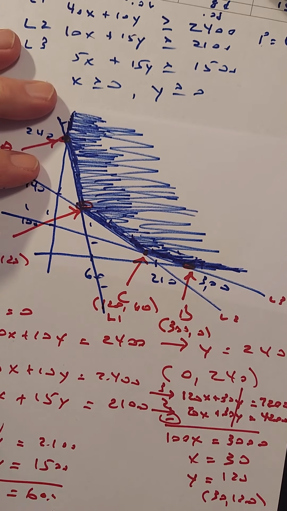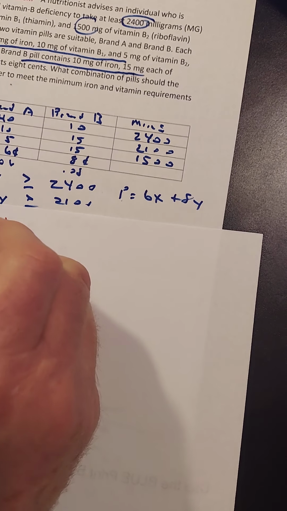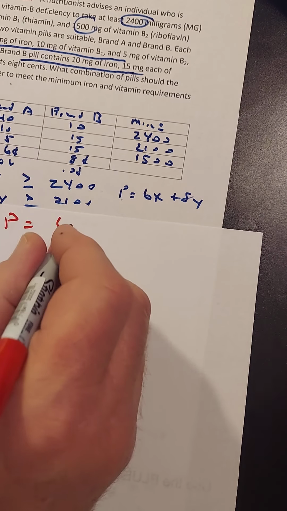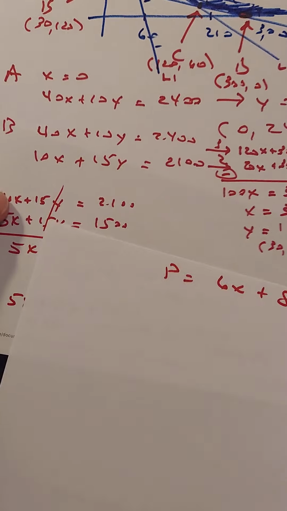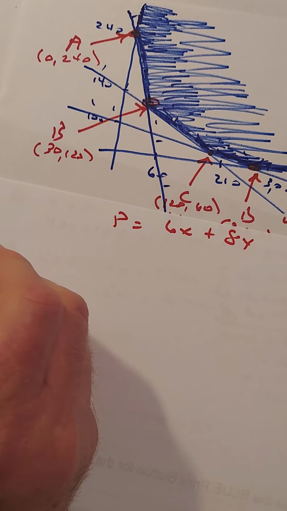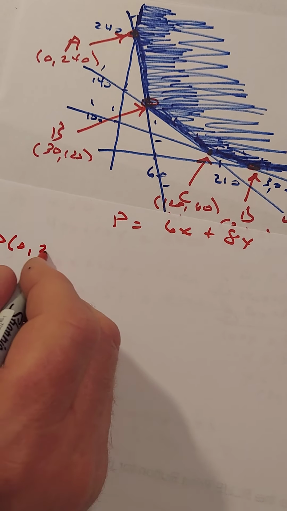Now we're ready to start finishing things up. Go back up here. My profit was simply 6x plus 8y. And what I'm going to do is plug each of the points in. So I want to find the profit at 0, 240. And you know what? I've got to go back here.